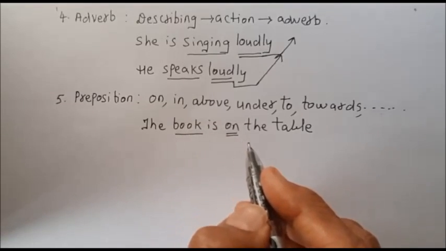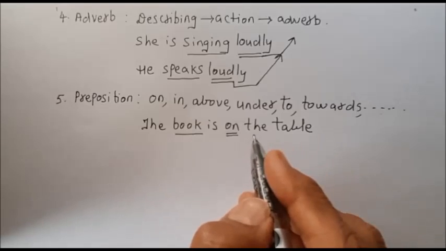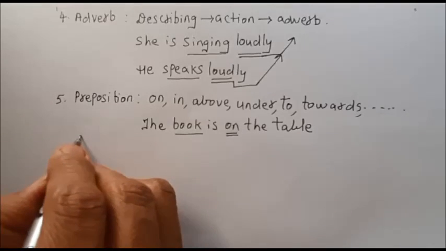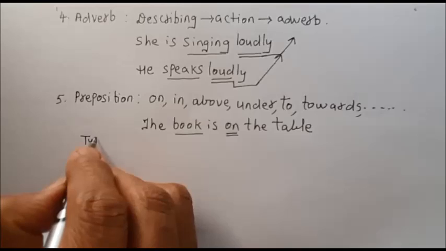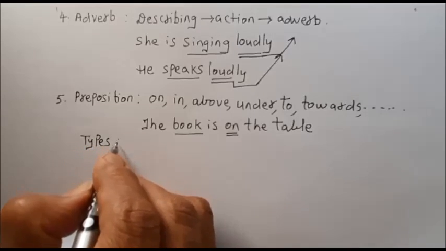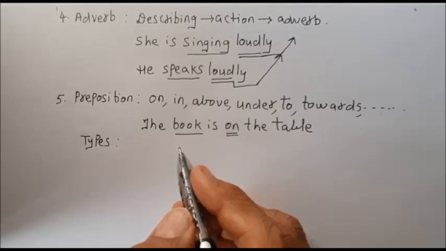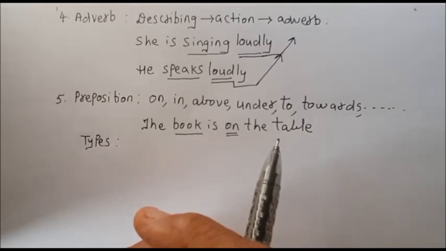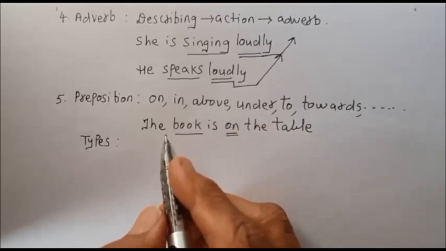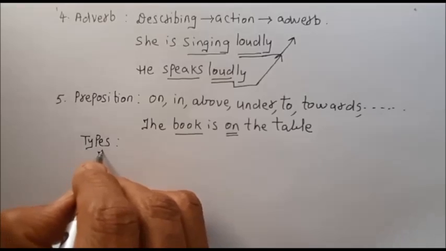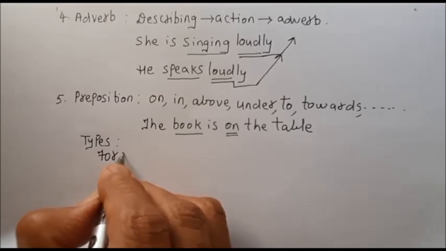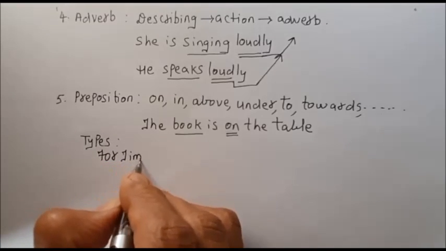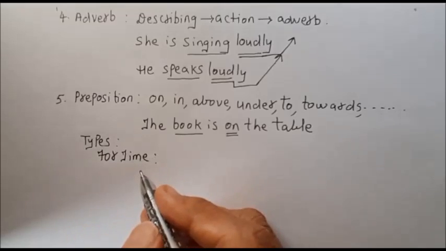So let's see a few types of preposition. There are once again many, but you can use the same words for different types of preposition. For example, first is preposition that we can use for time. Which prepositions can you use for time?